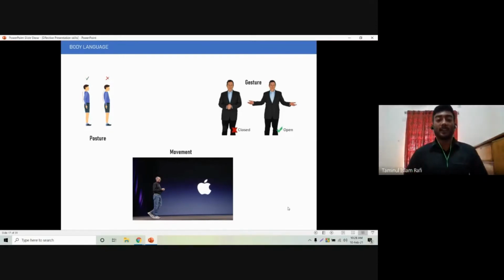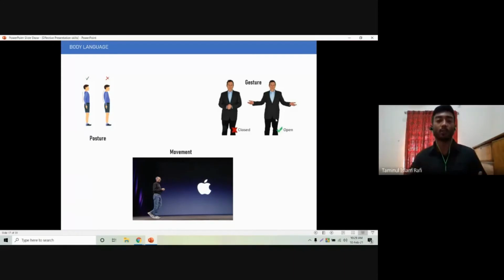Your shoulders have to be straight so that you look more confident in your presentation. And your gesture has to be open, not closed, because people want to know from you, right? If you get closed, if you get narrow, people cannot communicate with you, and you also cannot communicate with the people. So you have to be open.